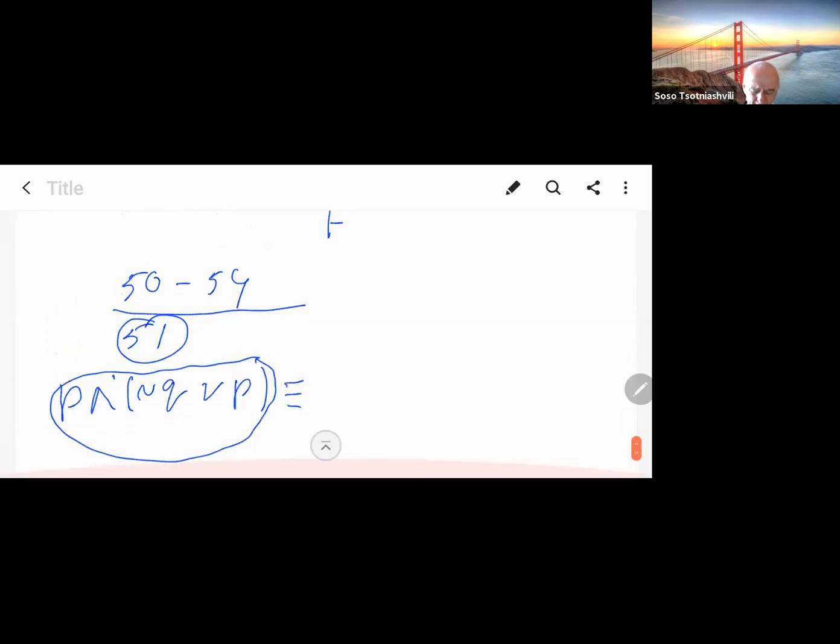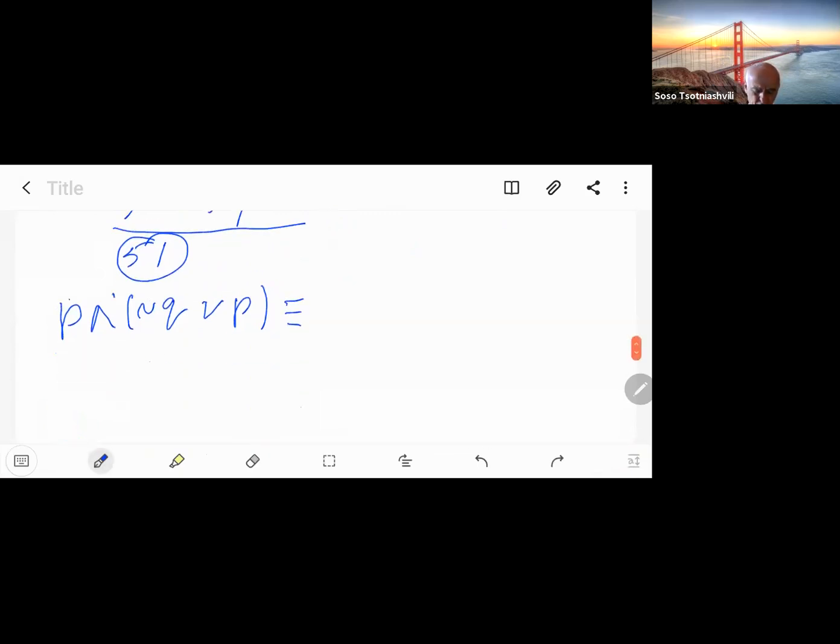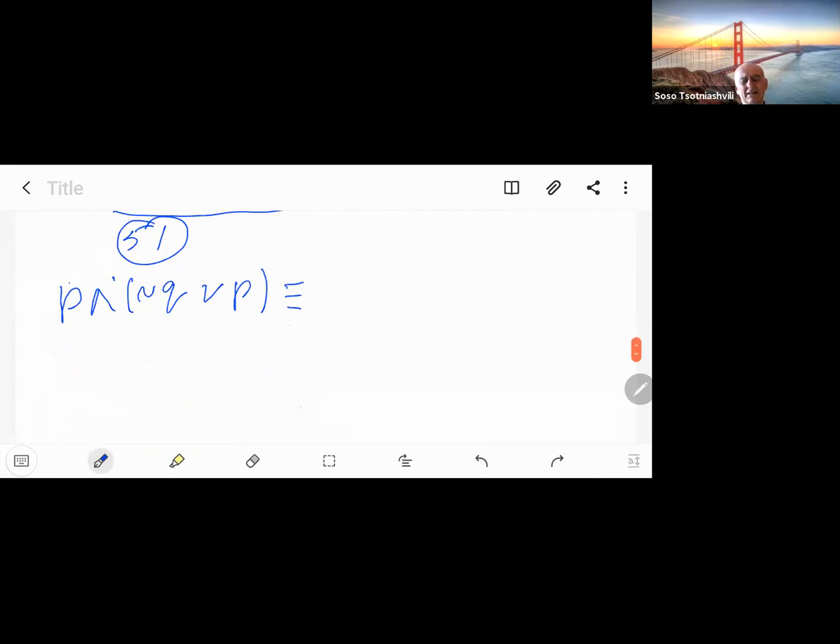But now we will try to prove it without a truth table. So please start this proof and I will follow you. But let's recall the well-known distributive law for ordinary arithmetic operations.